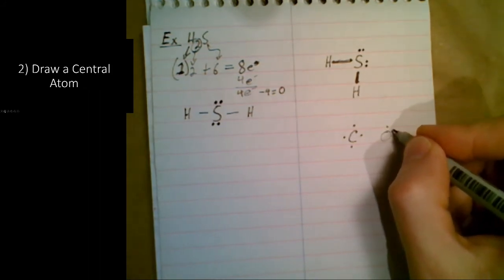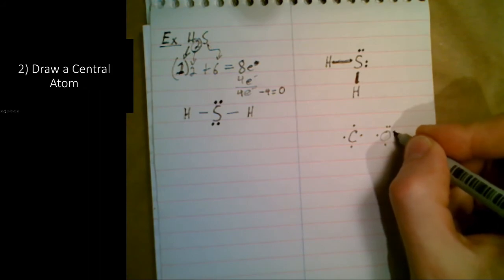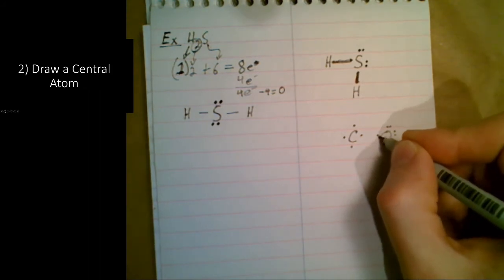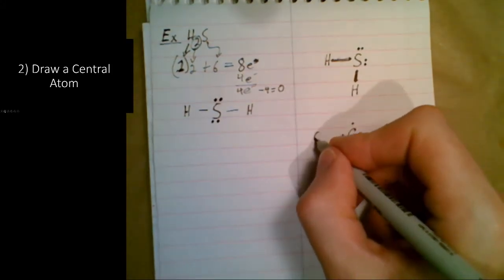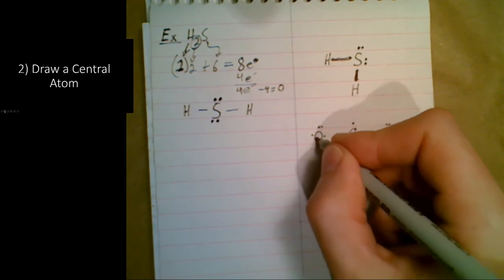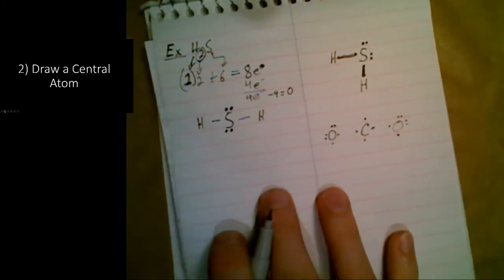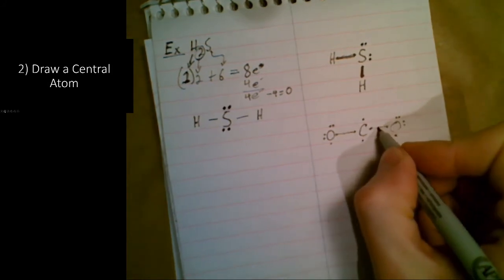oxygen, and remember we want to line up our lone unpaired electrons across from unpaired electrons over there. Oxygen. And then we're going to pair up electrons to form bonds.